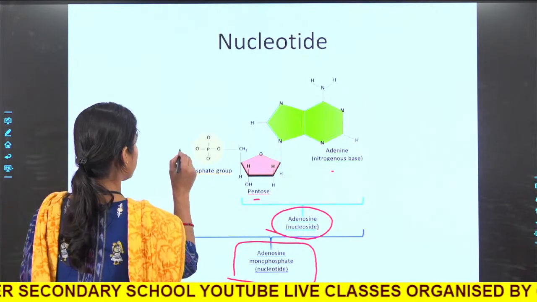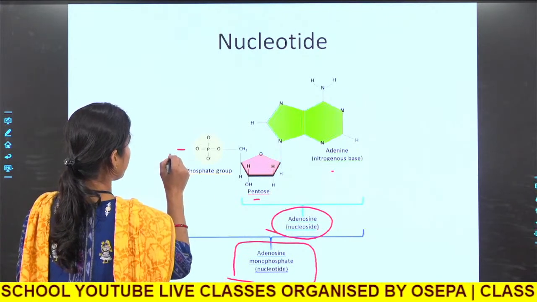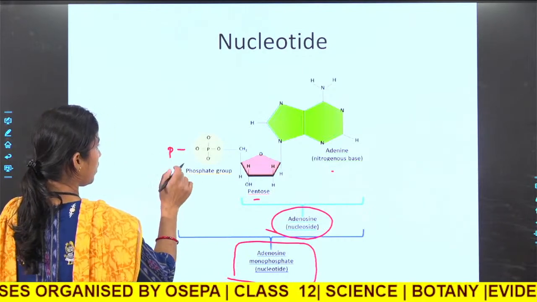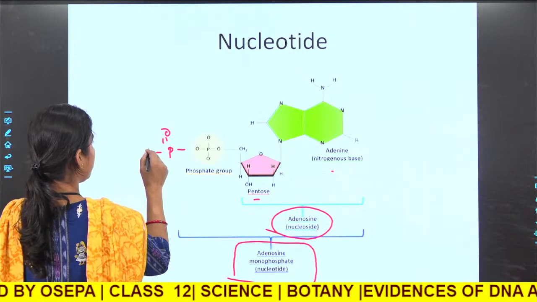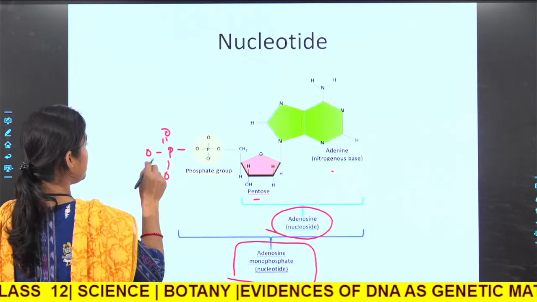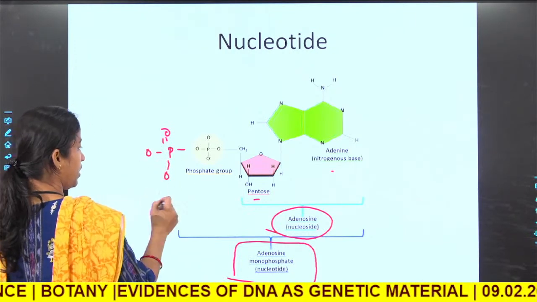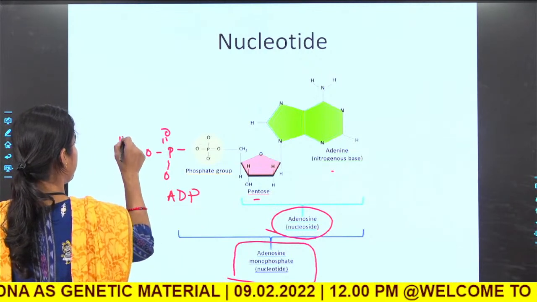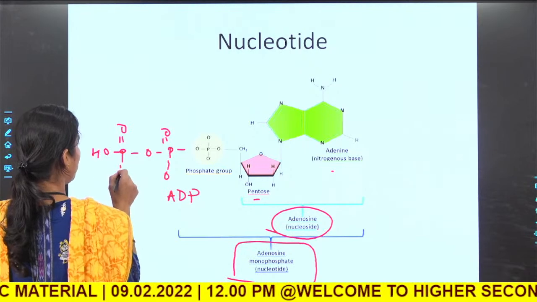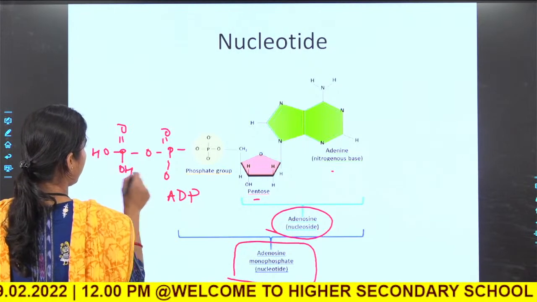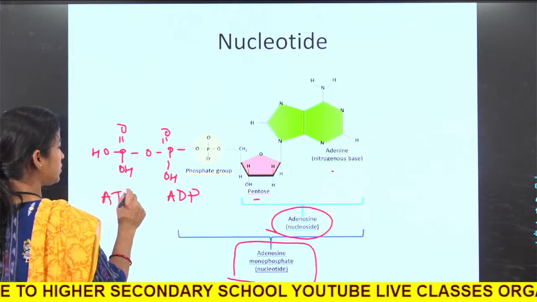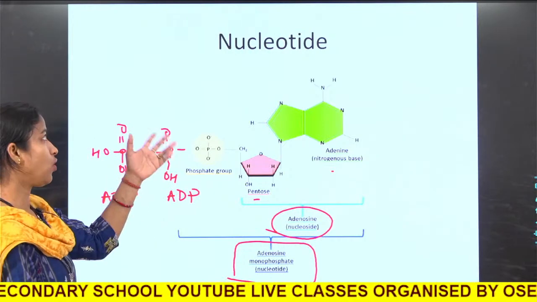Now, if we go on adding another phosphate, this becomes adenosine diphosphate. If it is combined with another phosphate group, this becomes adenosine triphosphate, but they are all nucleotides.